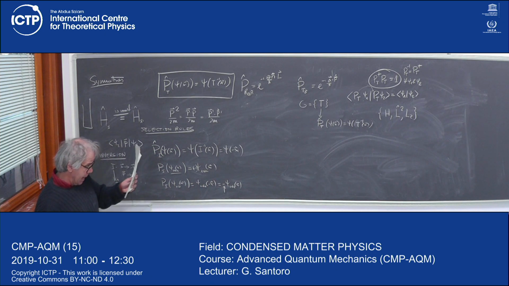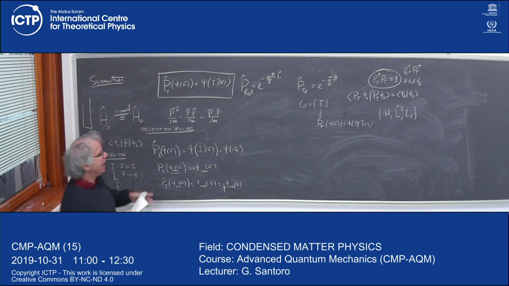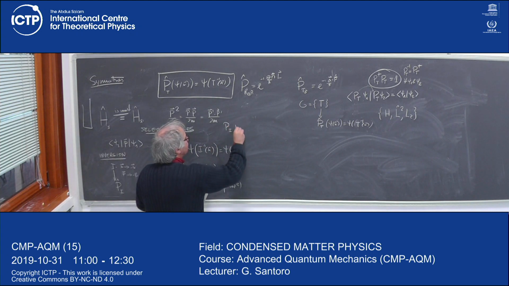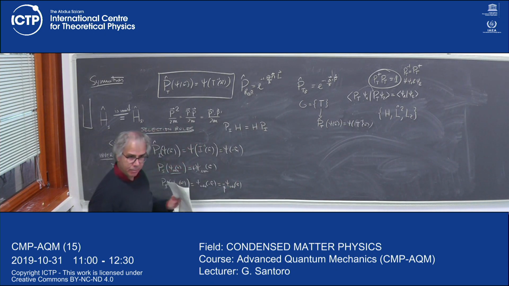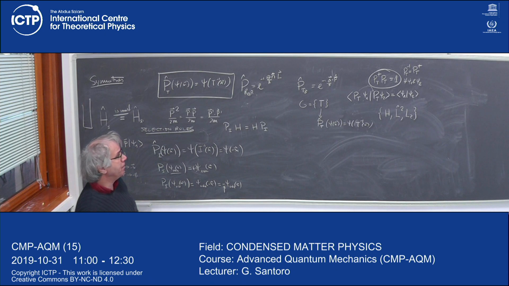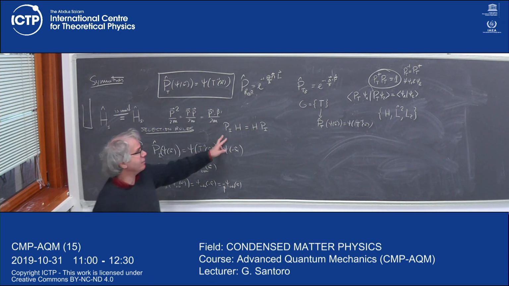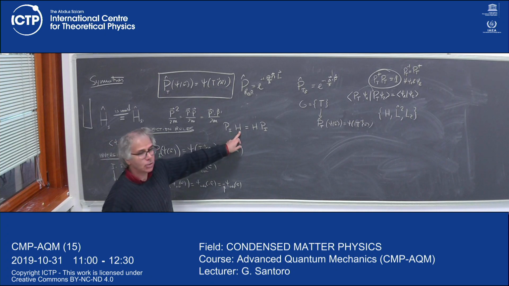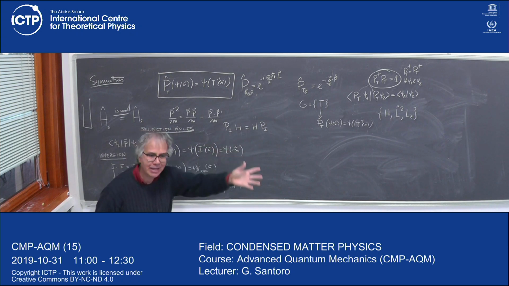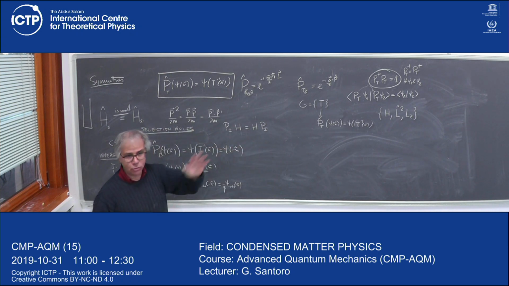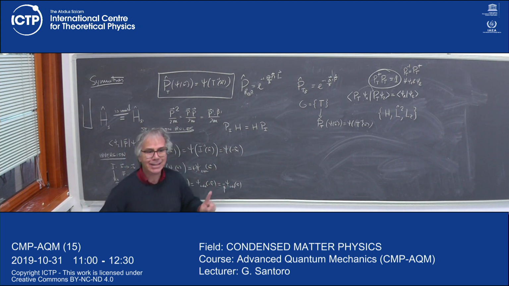Very good. Now, if the Hamiltonian is invariant by inversion, pi commutes with H. By the theorem we just proved, this means I can choose a common basis of eigenvectors of the Hamiltonian and parity, which means that I can select the even eigenstates and the odd eigenstates, and I can treat them separately. We used that, by the way, in solving the finite square well.